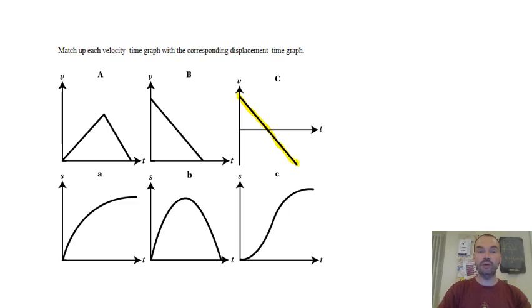We've got something with a positive velocity, so it's traveling away. Then we've got something with a negative velocity, so it's coming back, which has to be going away but slowing down, coming back and speeding up. Those two go together.